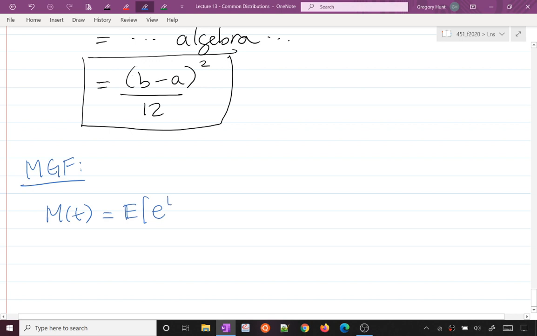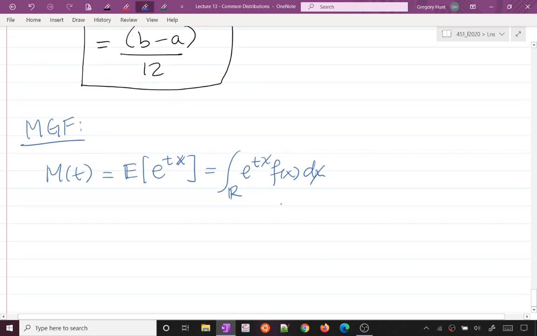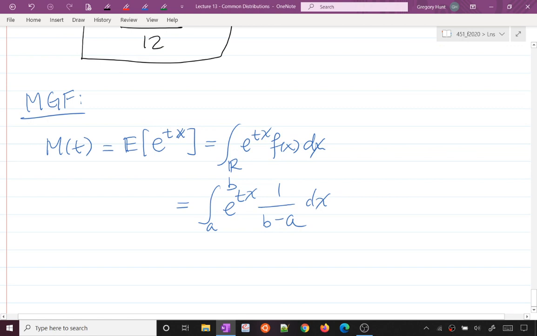Our definition is that the MGF is the expected value of e to the tx, which is the integral of e to the tx f of x dx, integrated over everything. Of course, f of x is 0 except between a and b, so we can just integrate over a to b. Over a to b, f of x is 1 over b minus a. We have e to the tx dx, and again, this is a Calc 1 problem from this point on, right?